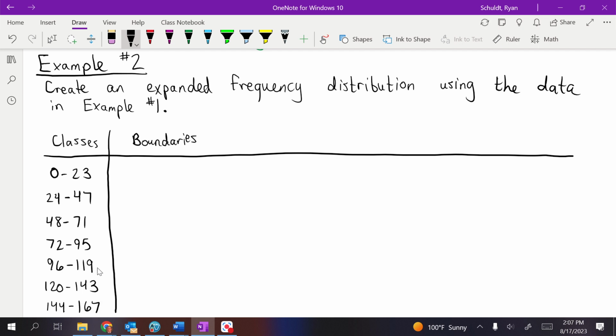Thank y'all. Okay, so then we're gonna have boundaries there. And then our frequencies. If y'all can help me with those two, that would be appreciated.